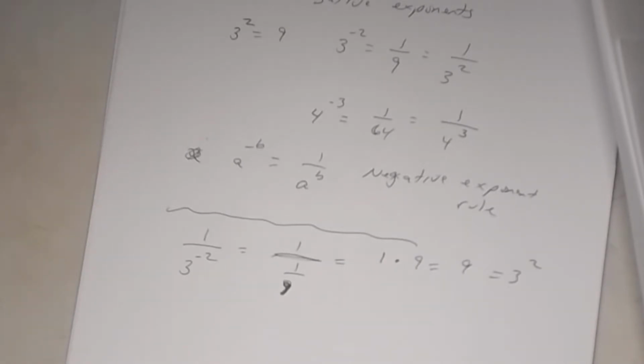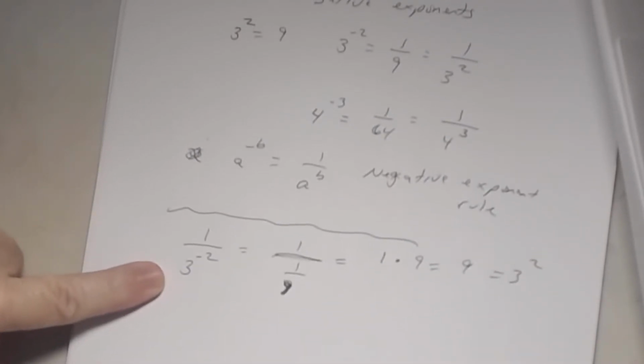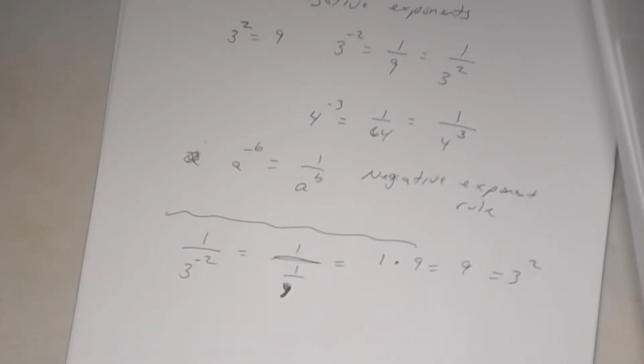Positive. So I want you to notice something. Where is the exponent negative in this case? In the denominator. So to make it positive, you got to rewrite the base, and you got to put the base where? In the numerator. So when you change from the denominator to the numerator, the sign of the exponent changes.